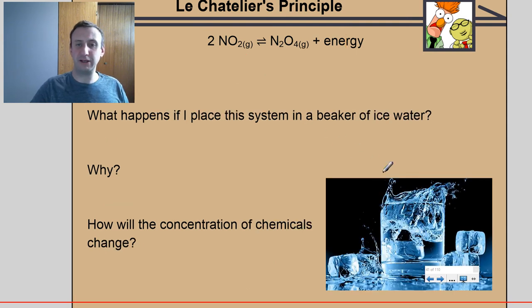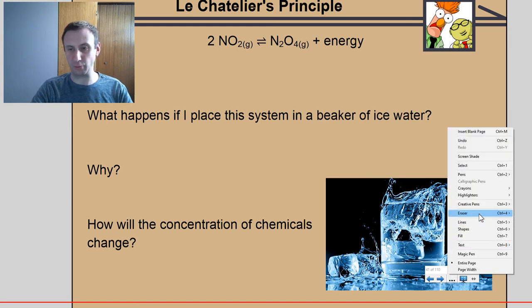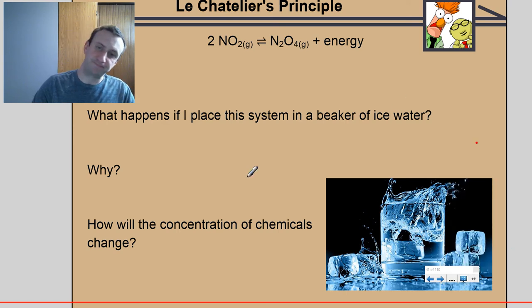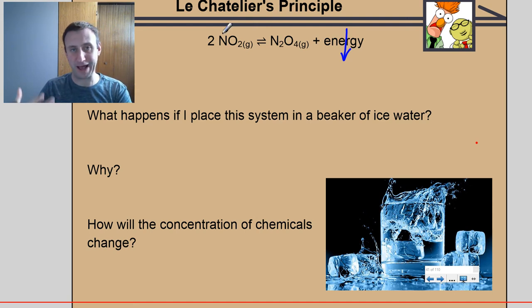All right, let's say instead of using warm water, we use ice water instead. So now we're going to be cooling it down. So now what's happening is I am decreasing the energy. Okay, so this is going down. So it's going to go in the direction that brings the temperature back up.